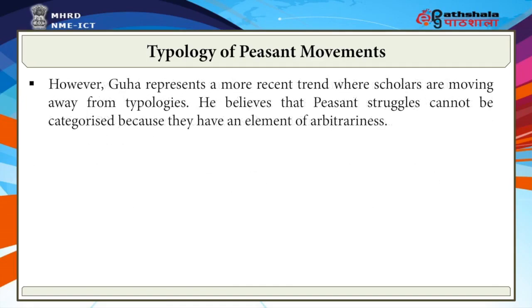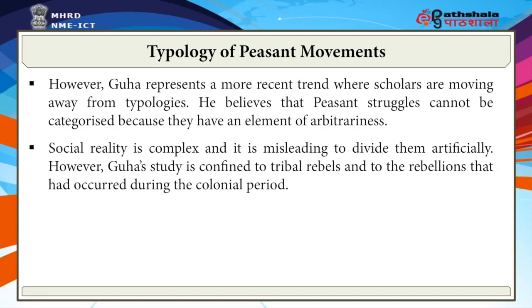However, Gough represents a more recent trend where scholars are moving away from the typologies. He believes that peasant struggles cannot be categorized because they have an element of arbitrariness. Social reality is complex and it is misleading to divide them artificially.